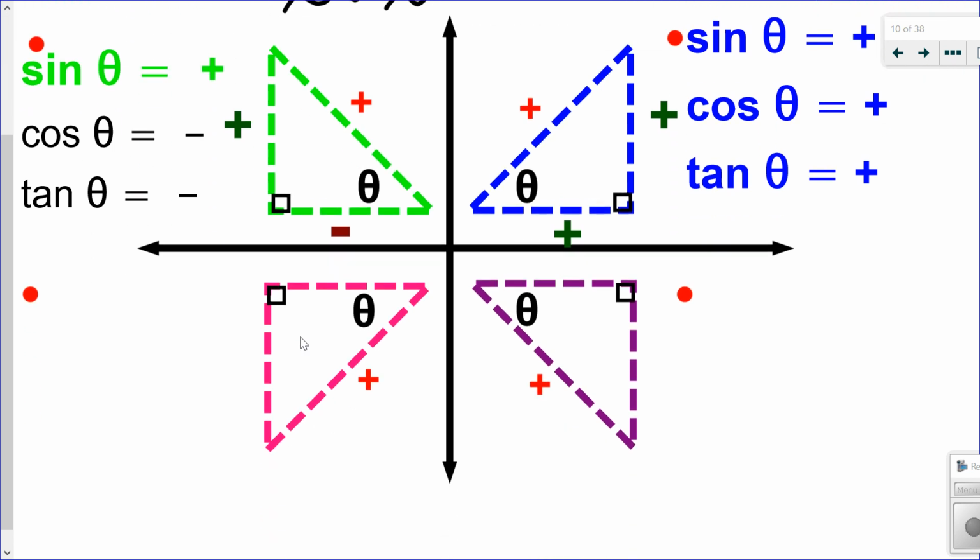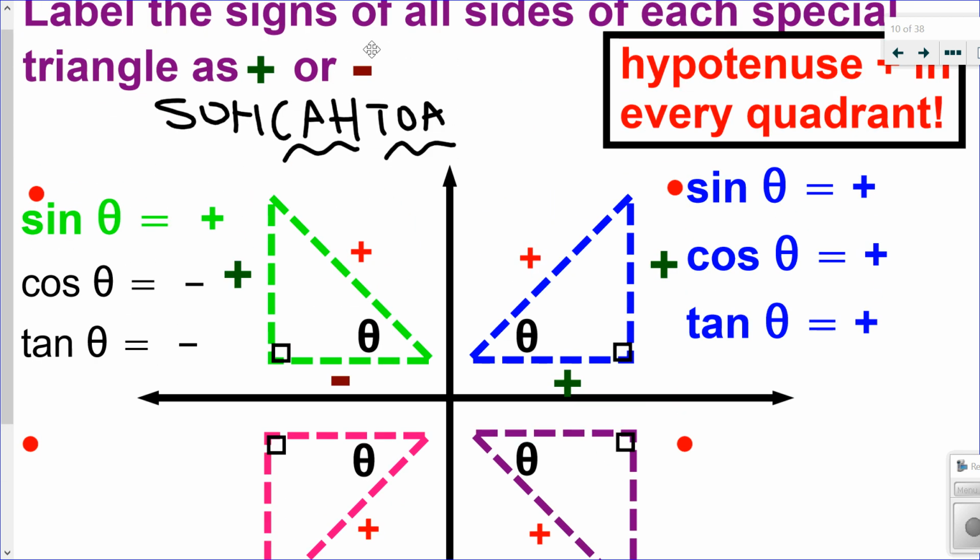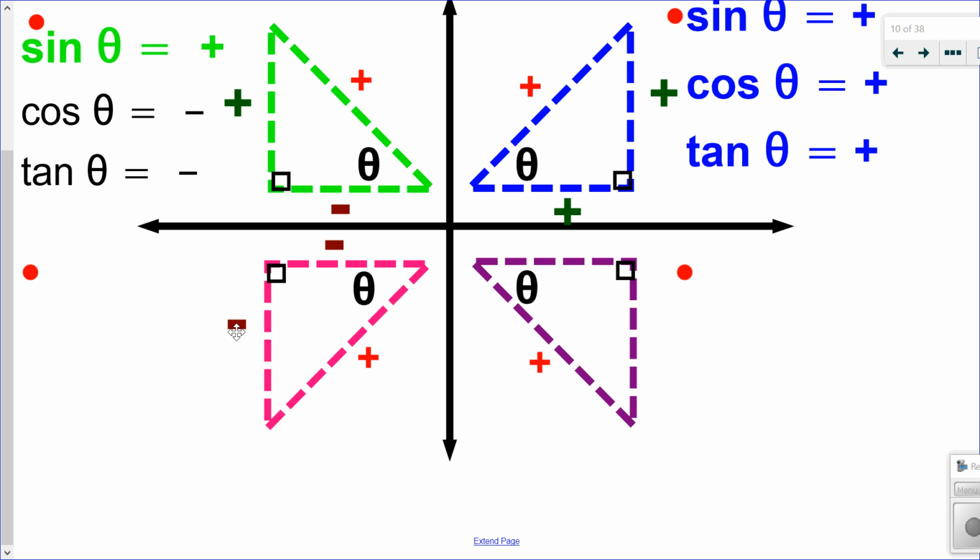Okay, let's go down to quadrant number 3. Along the x-axis I have x values that are negative, and down here y values that are also negative, because in quadrant number 3, x and y are negative. So I have an adjacent and an opposite that are negative. Let's look at our SOHCAHTOA.